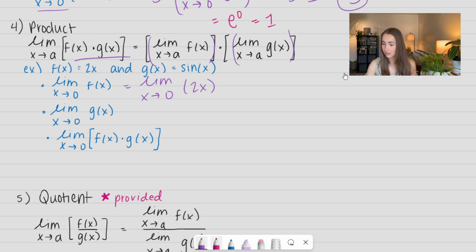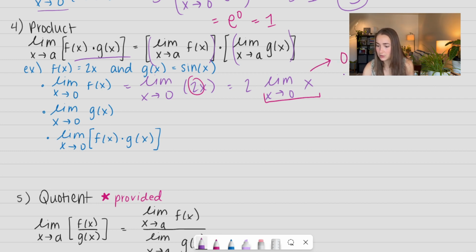I can bring this constant of 2 out front, right? So I bring that out, I get 2 times the limit as x approaches 0 of x. This right here is a linear function, and so when I plug that in, when it's approaching 0, I get 0. So now using these two together, I get 2 times 0 is equal to 0.